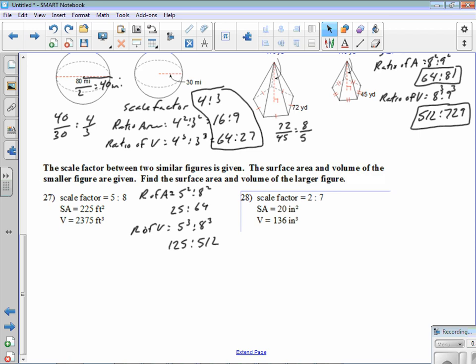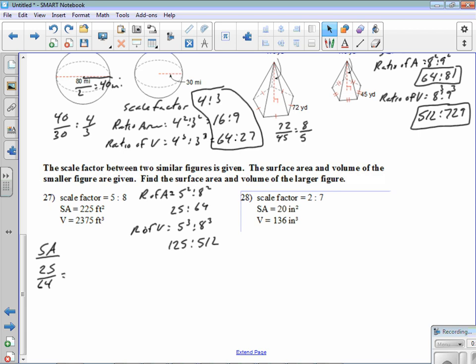So they give us a surface area of 225. So to find the surface area of the new one, we take the surface area ratio, which is 25 to 64.